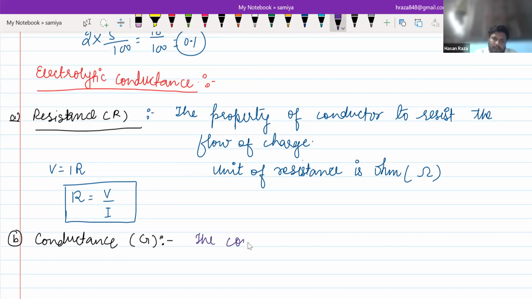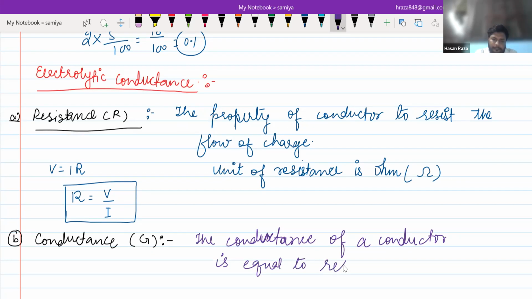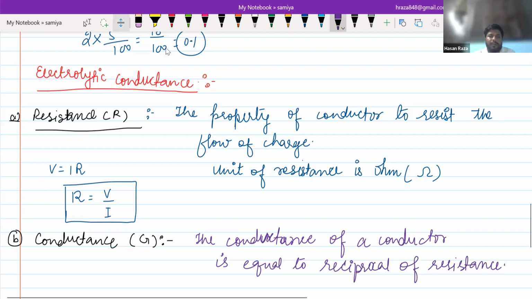The conductance of a conductor is equal to the reciprocal of resistance.